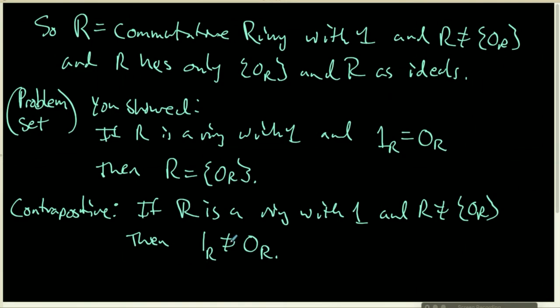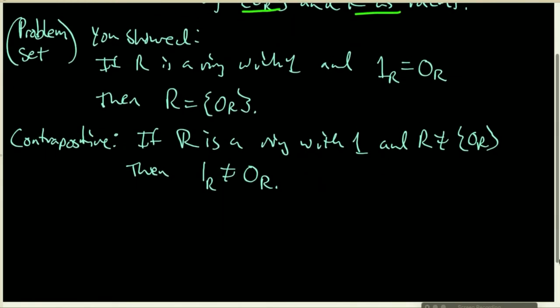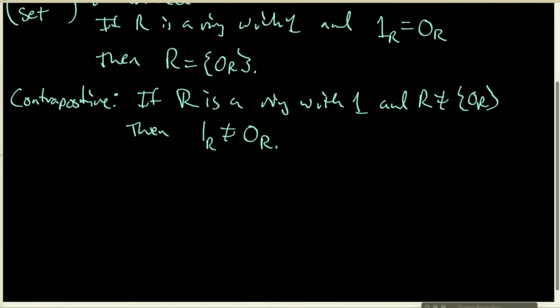And so I want to kind of think about what this means. What we have, of course, is that R is a commutative ring with 1, and it's not equal to the 0 ring. And we know that we only have these two ideals. So I'm going to essentially look at things along these lines. Let's let A be any element of the ring that is not equal to 0.